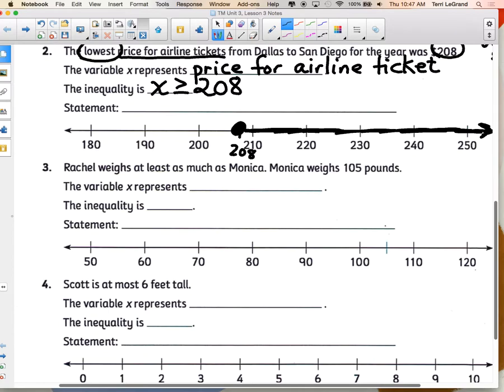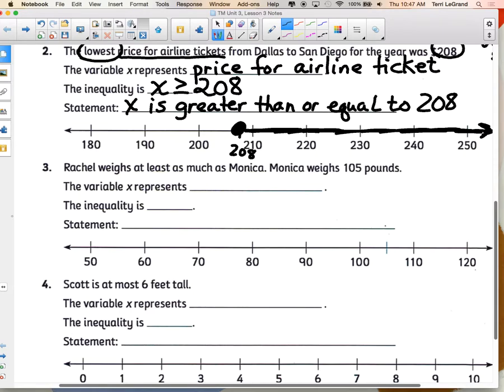Harley? 240, okay. If the lowest price for the airline ticket was $208, could there have been an airline ticket for $240? Yes, that makes sense, doesn't it? Okay, well then we're ready to write x is greater than or equal to $208.